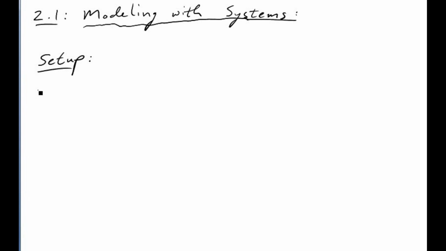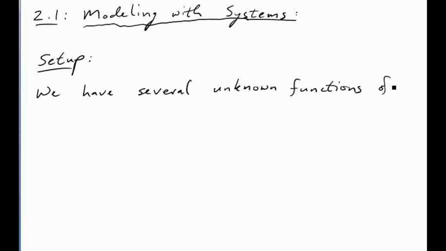So the setup is we have several unknown functions of t. Maybe x of t, y of t, maybe more.